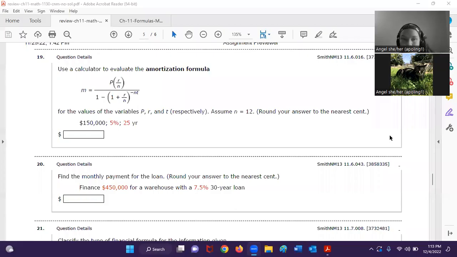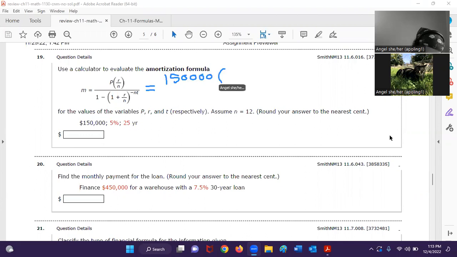Okay, so in number 19, they give us the formula. They tell us what to look for. They tell us what to plug in. So again, you're just making sure that you can get the calculator to output the same answer.